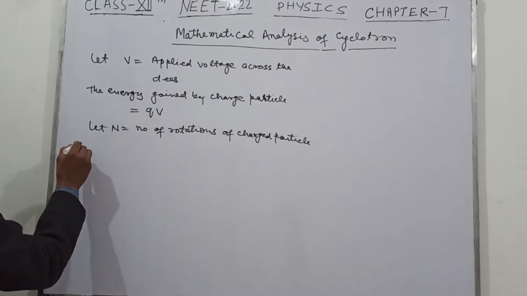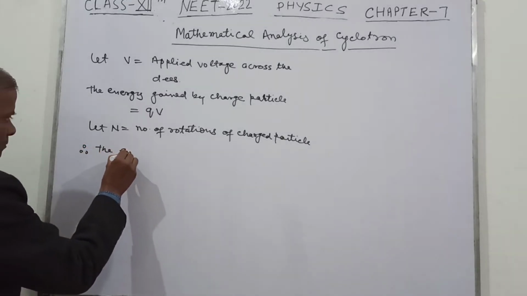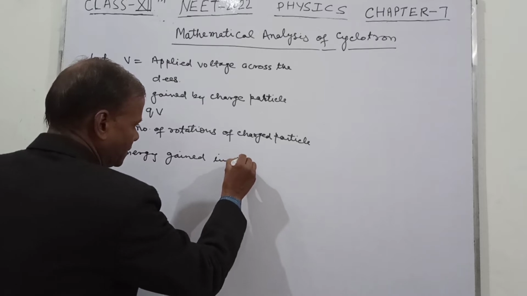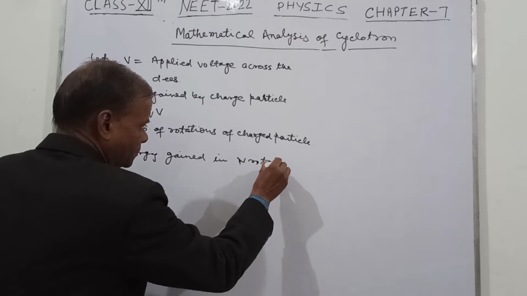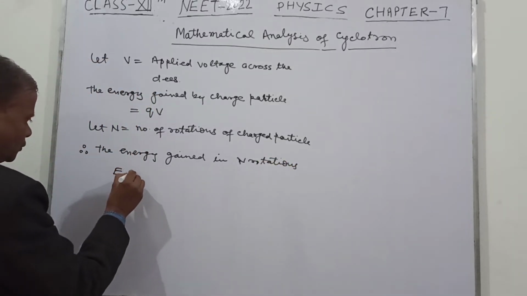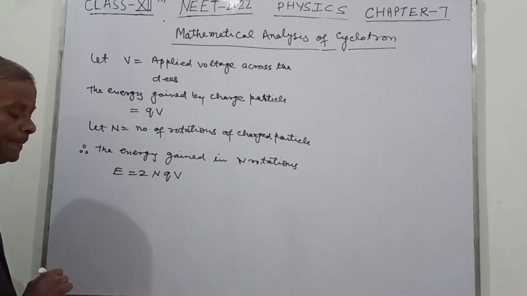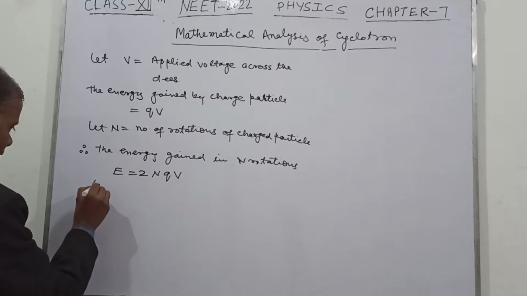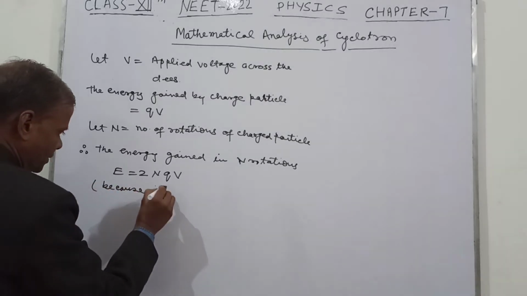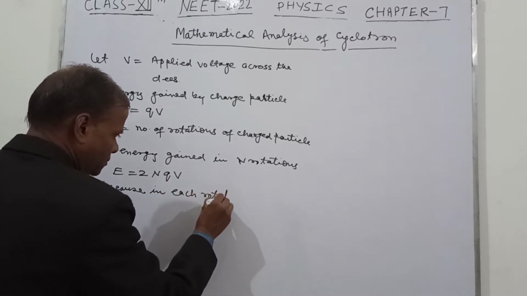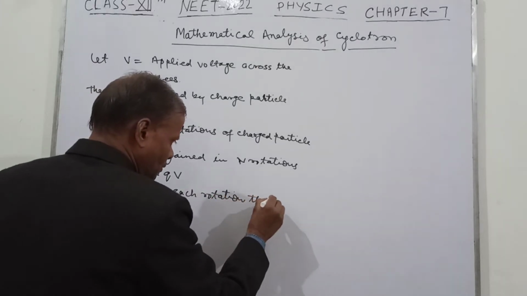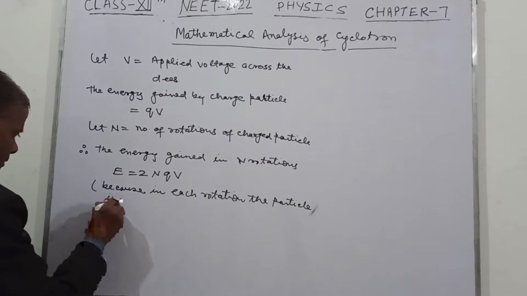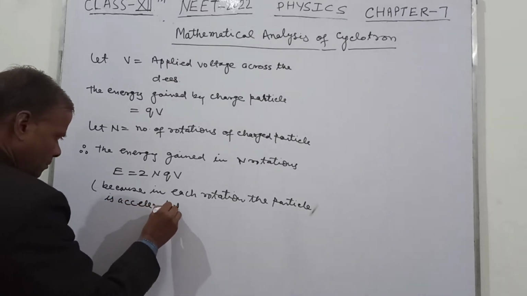So the energy gained in n rotations is E equal to 2nQV, because in each rotation the particle is accelerated 2 times.